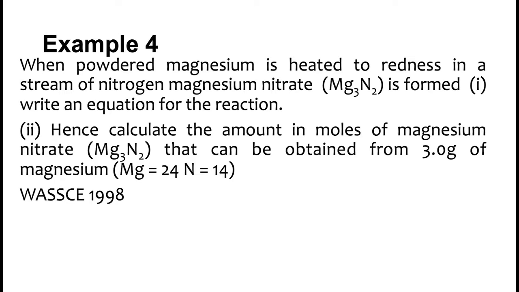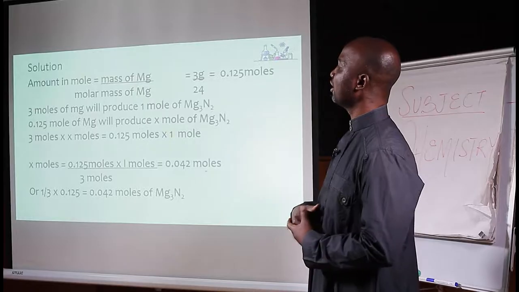Hence, calculate the amount in moles of magnesium nitride, Mg3N2, that can be obtained from 3.0 grams of magnesium. Remember, magnesium is equal to 24 and nitrogen is equal to 14. This question was taken from West African Examination Council, 1998.